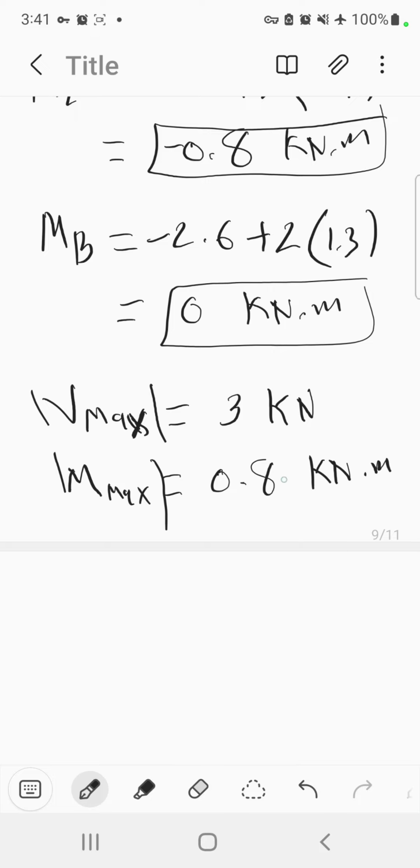And now we need to draw our diagrams for the shear and for the moment. It's going to be like this.